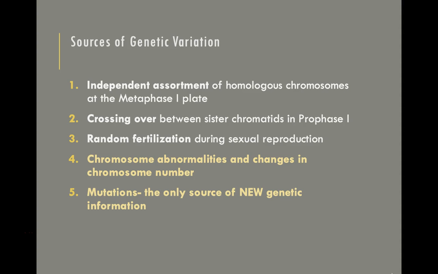So let's add a couple more things to our genetic variation. When we were talking in chapter 10 about non-disjunction and chromosome structures, you can also get genetic variation due to chromosome abnormalities and changes in chromosome number. One of the things that's interesting about the human and the chimp genomes is that the chimps actually have one more chromosome than we do, but the information is very, very similar.